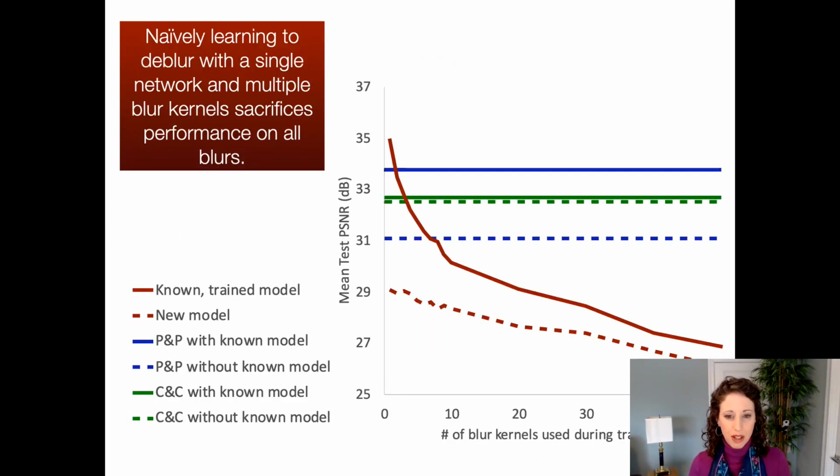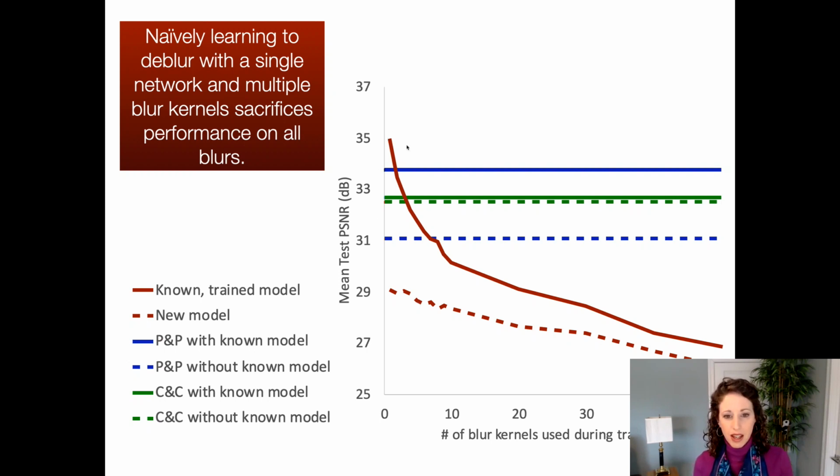We did some experiments with that in mind, and it turns out that no, in general, that's not good enough. In this plot, the horizontal axis is the size of the blur kernel library, and the red curves correspond to what happens when we use this data augmentation approach. The solid lines correspond to when this library knows what the final blur kernel is going to be, and the dashed lines are when we don't train for that final blur kernel, or when we've got an out of sample blur kernel.